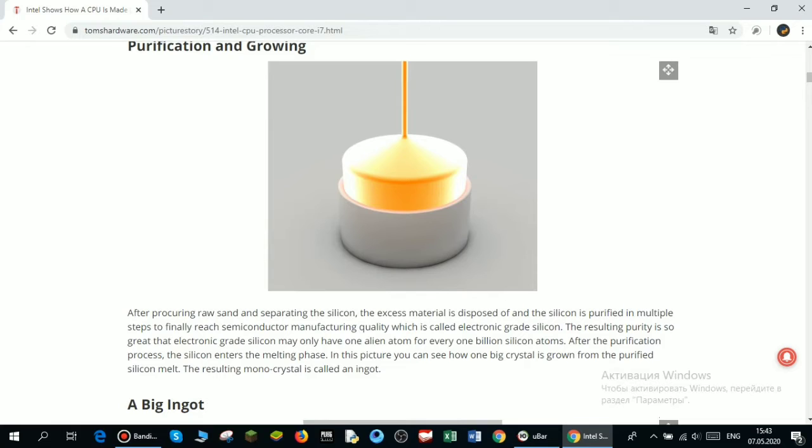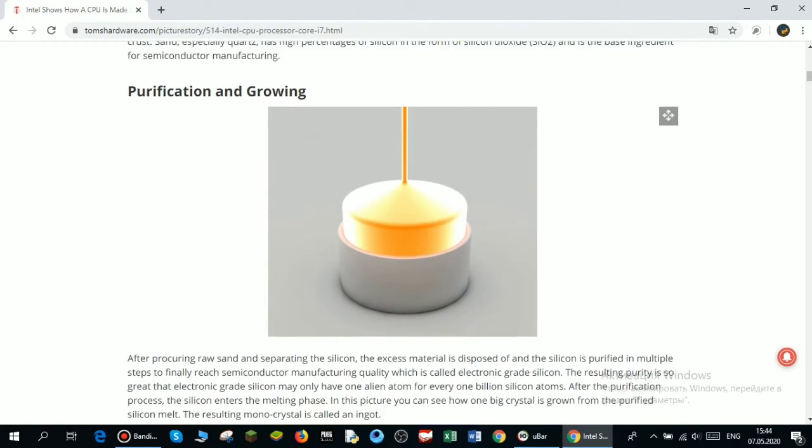After the purification process, the silicon enters the melting phase. In this picture you can see how one big crystal is grown from the purified silicon melt. The resulting monocrystal is called an ingot.